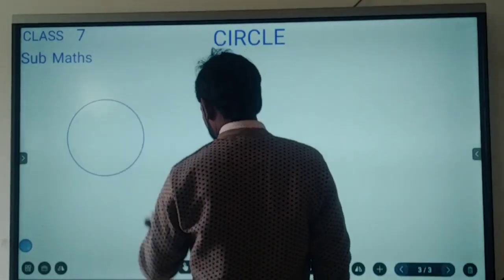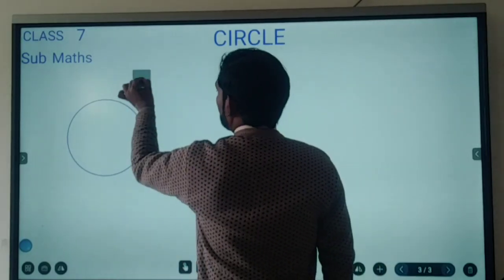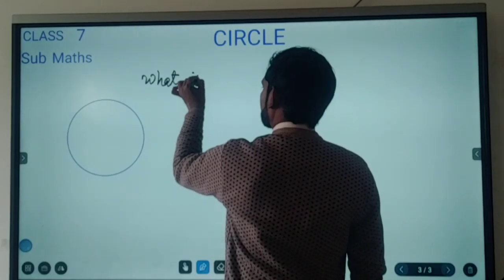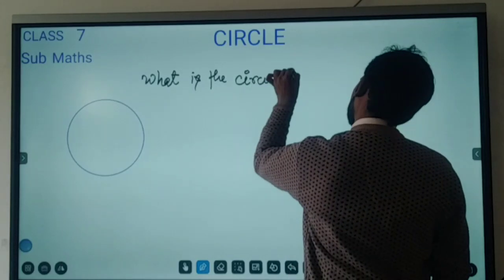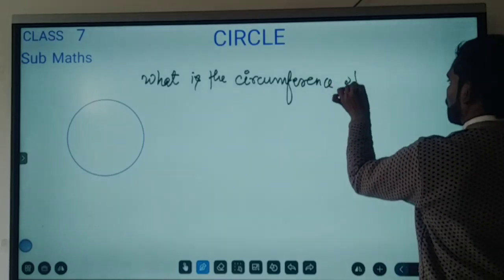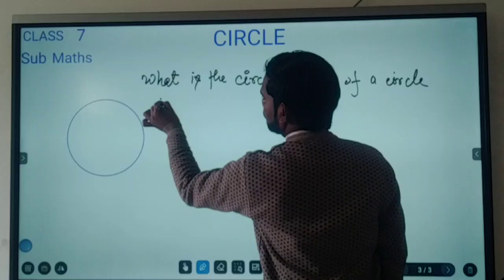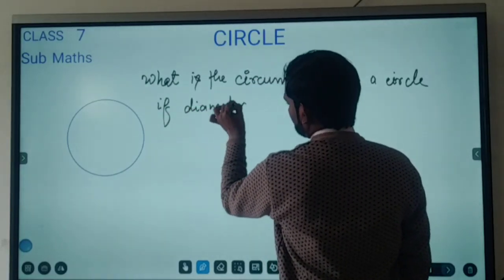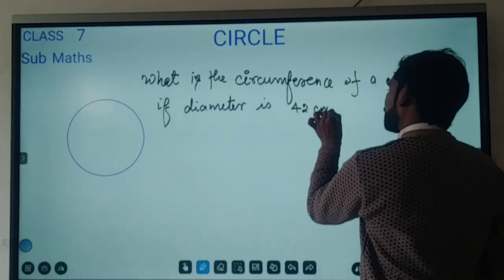The first question is: what is the circumference of a circle if the diameter is 42 centimeter?